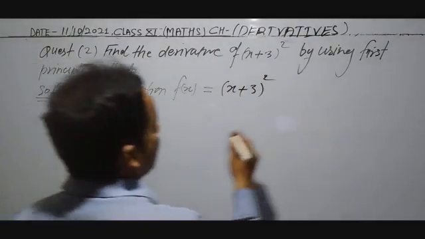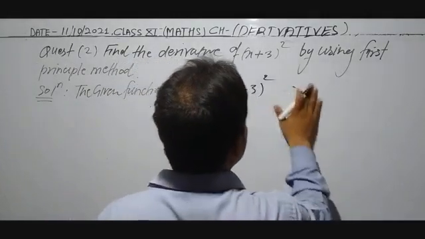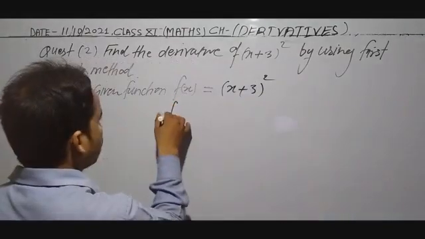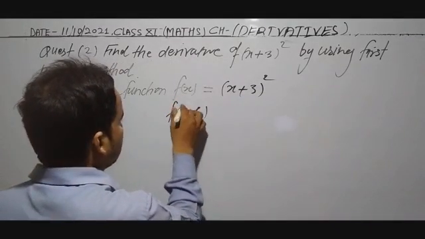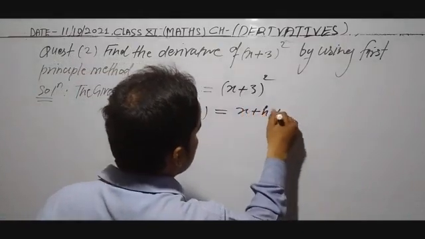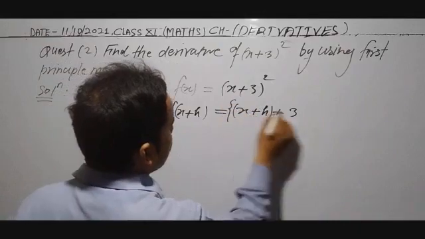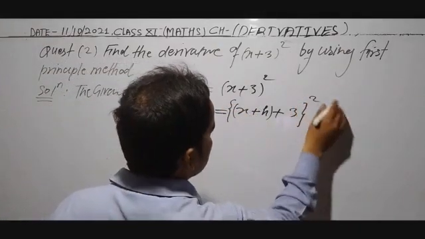Now according to f x we can write f of x plus h format. This is (x plus h plus 3) whole square.